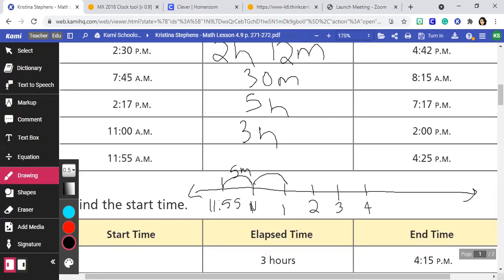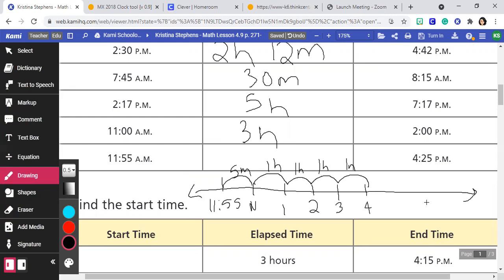So we've jumped 1, 2, 3, 4 hours. 1 hour, 1 hour, 1 hour, 1 hour. So as of right now, we've moved forward 4 hours and 5 minutes, but we've got to go to 4:25.